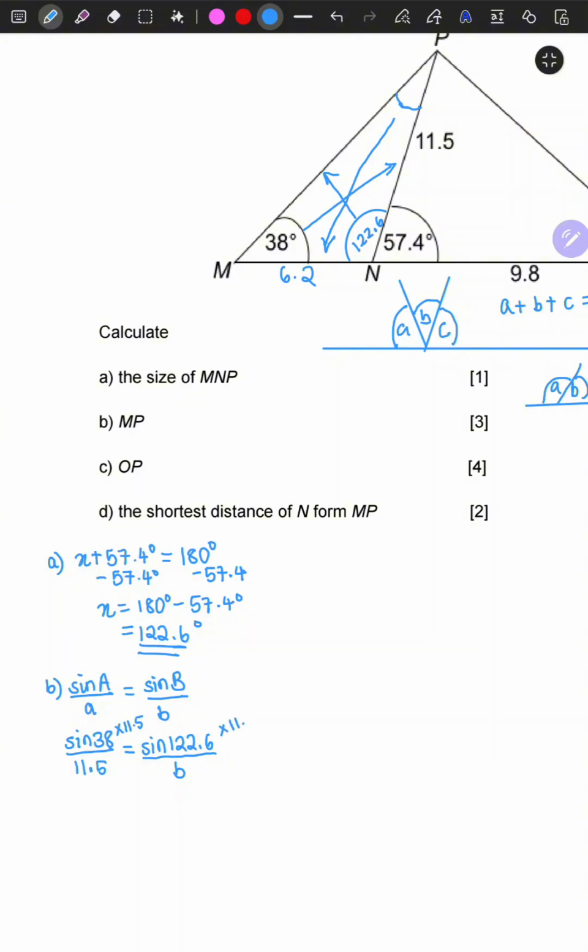Times 11.5 on both sides, this cancels that, and we have sine 38 is equal to 11.5 sine 122.6 divided by B. Then times B: B sine 38 is equal to 11.5 sine 122.6, and then divided by sine 38.